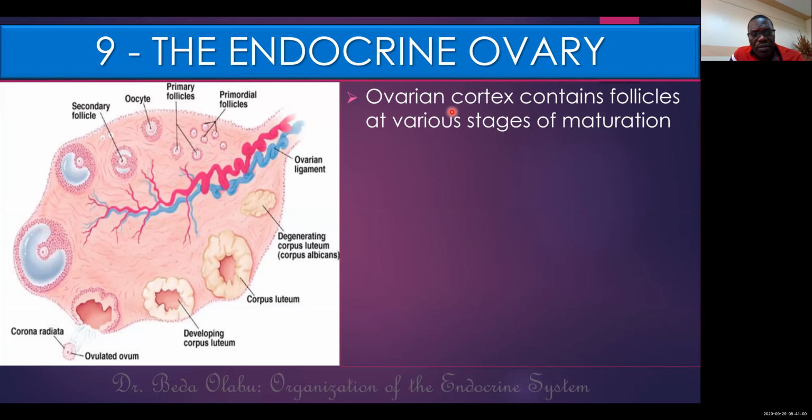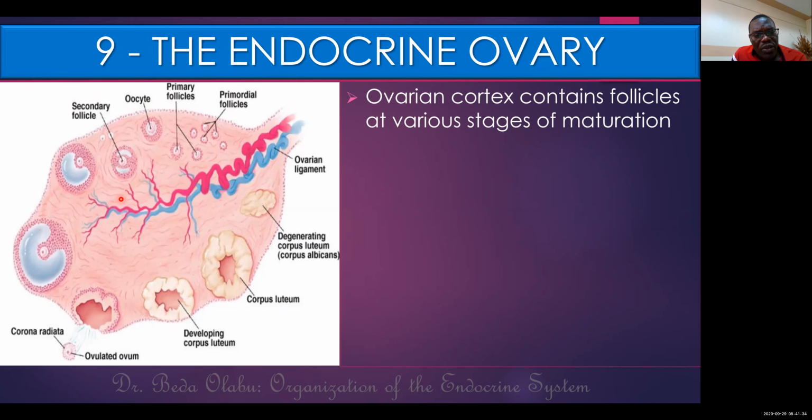So the ovary has this central region, which we call the ovarian stroma or the ovarian medulla, and this outer region, which we call the ovarian cortex. The ovarian cortex is the one that contains the different follicles, at different stages of development.